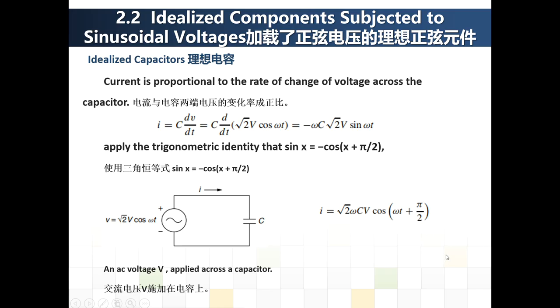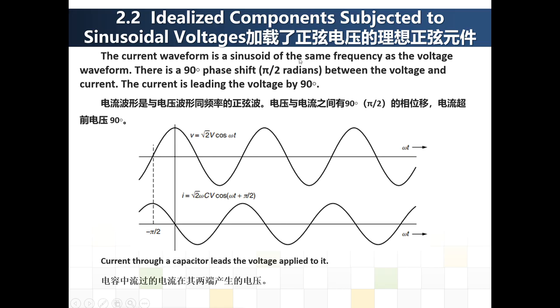This means when an AC voltage is applied across a capacitor, the current waveform is also sinusoidal with the same frequency, but it is 90 degrees ahead of the voltage.